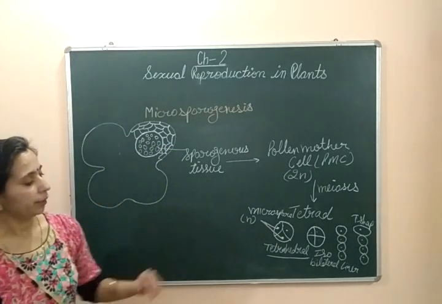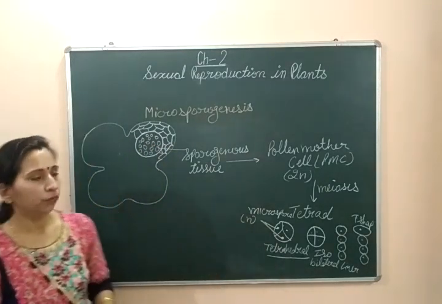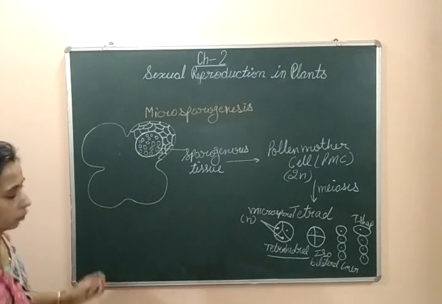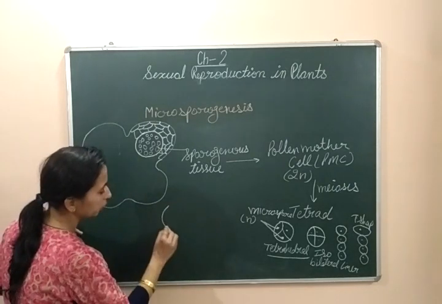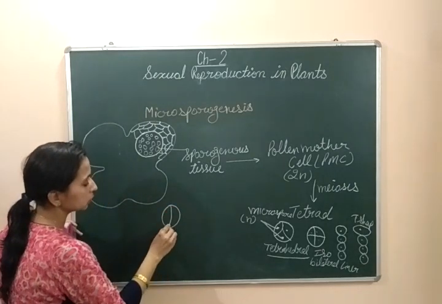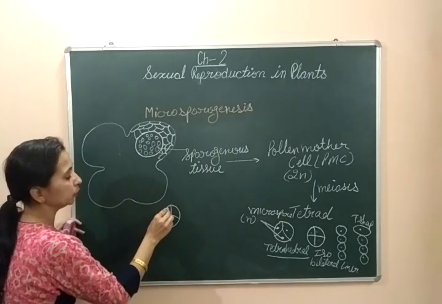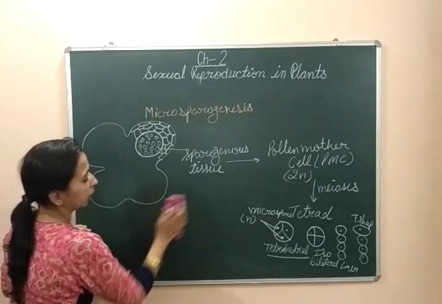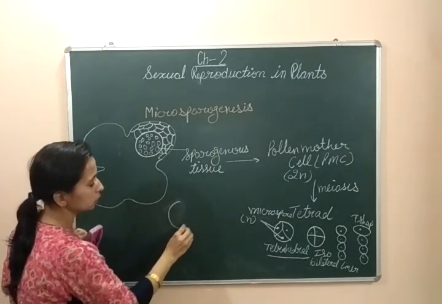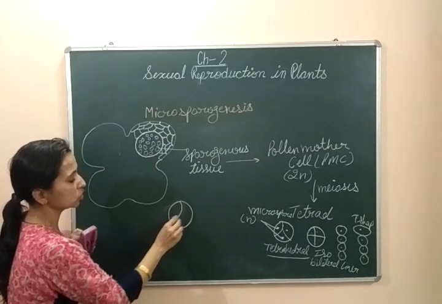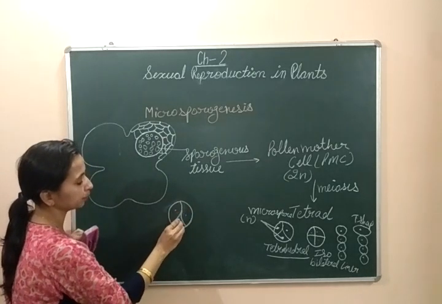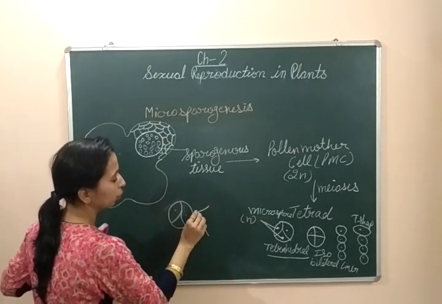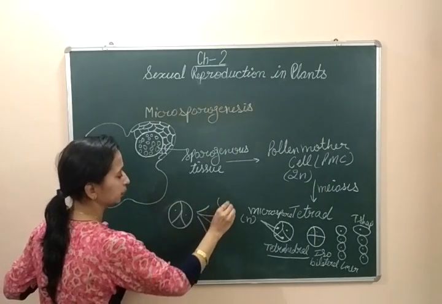These microspores are arranged in the tetrahedral manner. When the anthers mature, the microspores get separated from the tetrad and form four individual microspores.